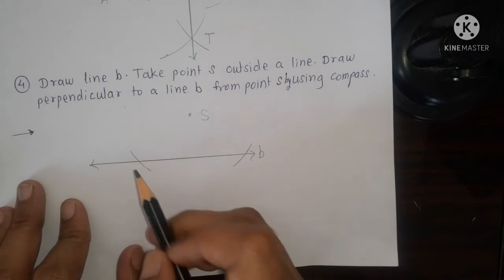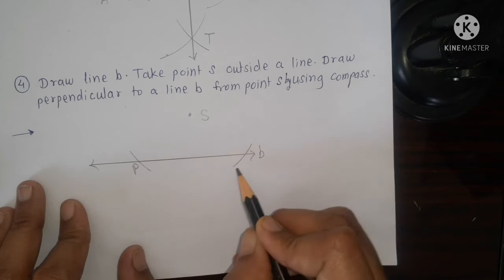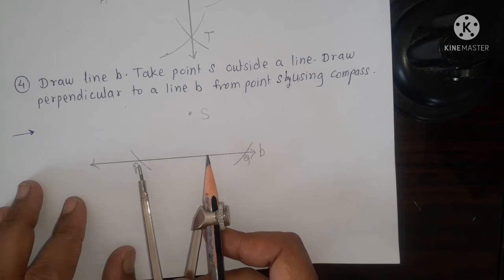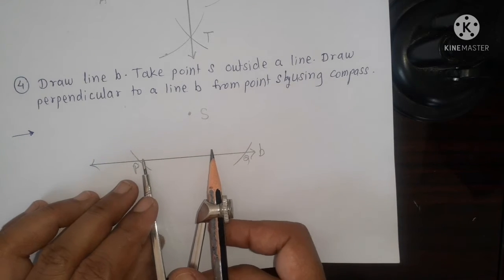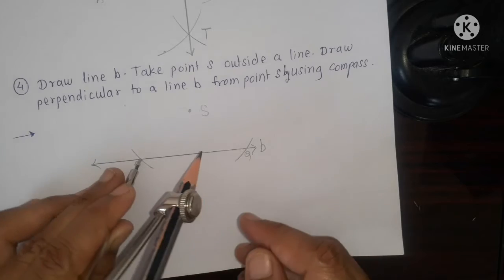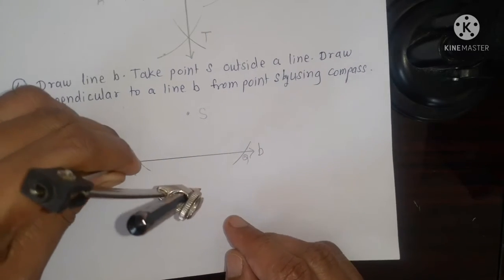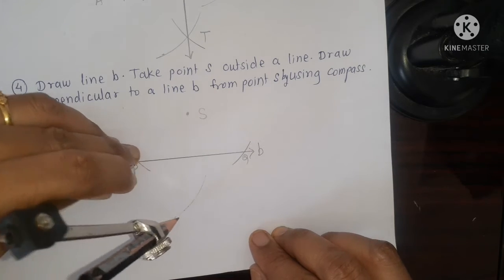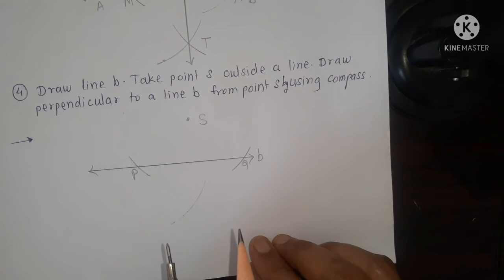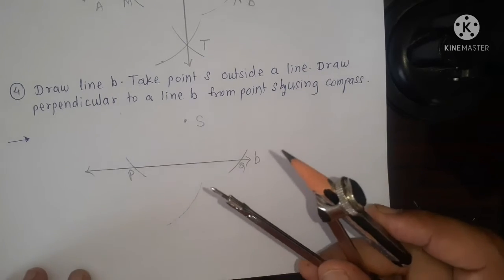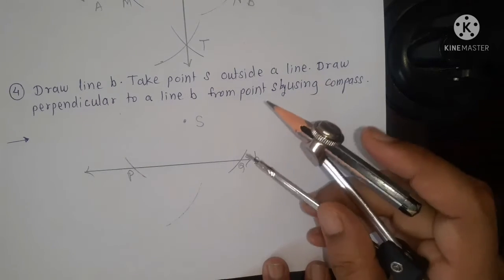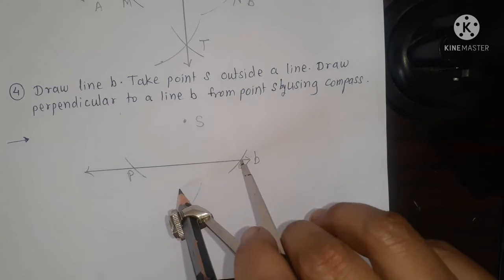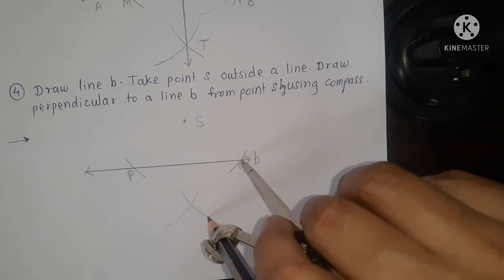Now give names to these points, P and Q. Take a convenient distance between P and Q, more than half, and place the metal point on P and draw an arc on the lower side of line B. Keep the distance constant, place the metal point on point Q and draw an arc which intersects the previous arc.